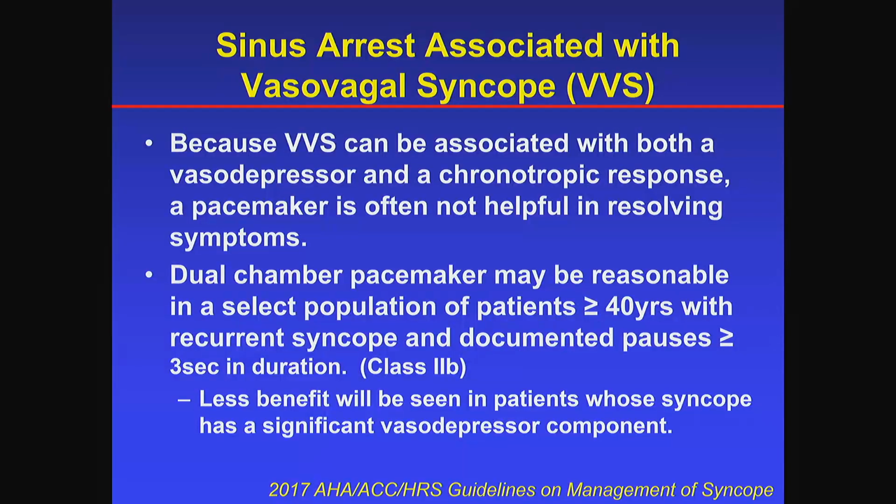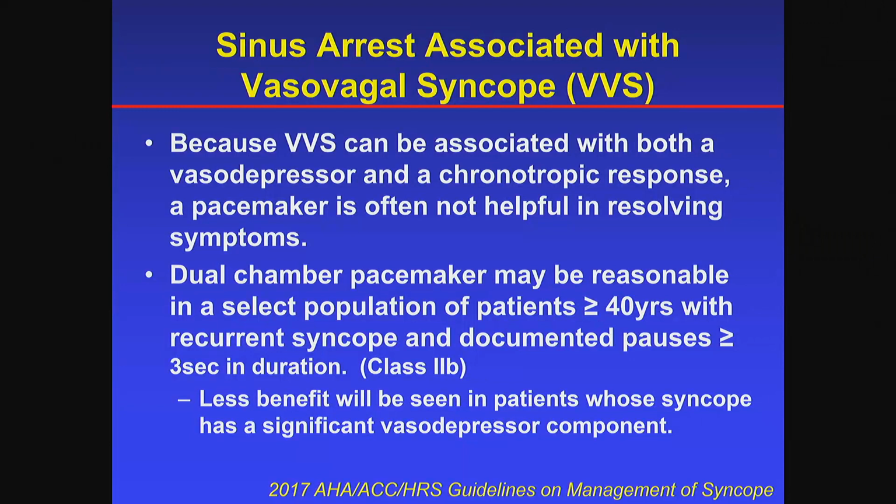Some patients with vasovagal syncope have coincident sinus arrest during these episodes. Because vasovagal syncope can be associated with both a vasodepressor and a chronotropic response, a pacemaker may not be helpful in resolving symptoms.